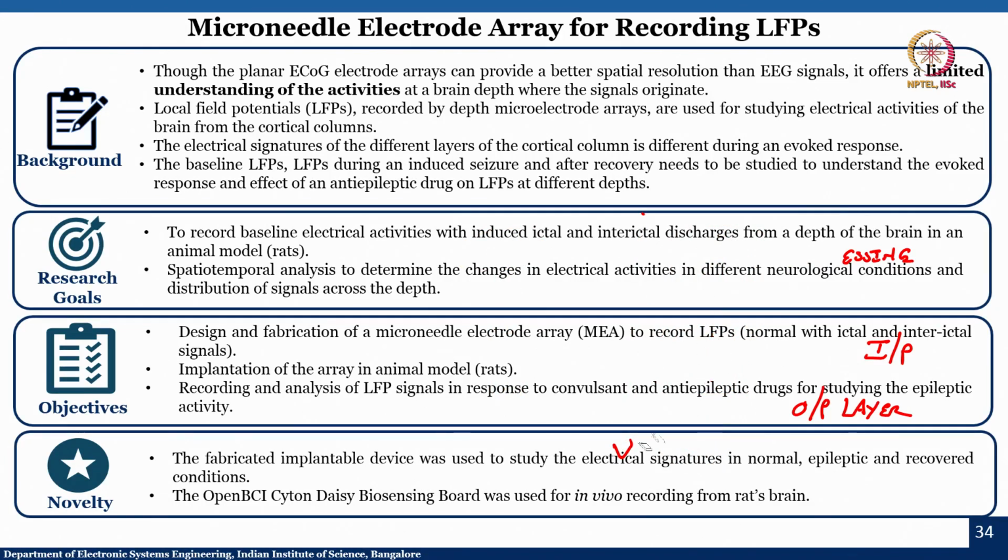Okay, great. Now, let us move to the next point. The next point is the baseline LFPs, baseline local field potentials, then the local field potential during an induced seizure when the epilepsy is going on, and once you administer the anti-epileptic drugs, the recovery of the signals.